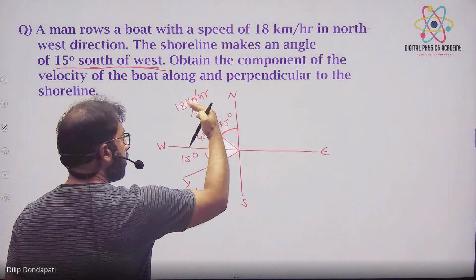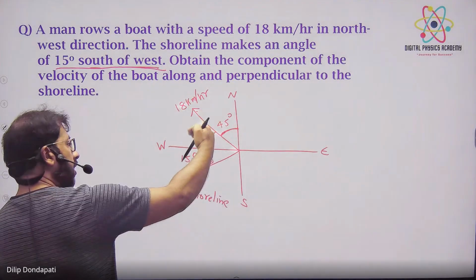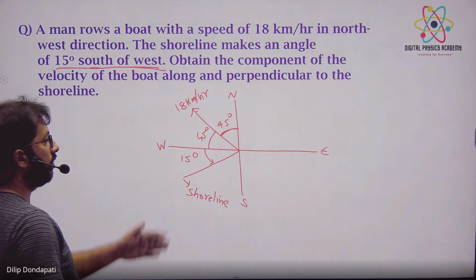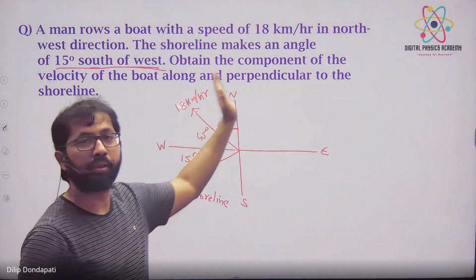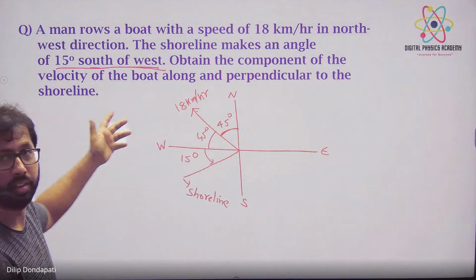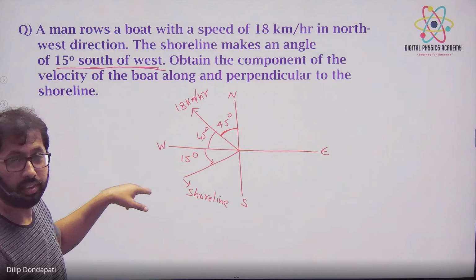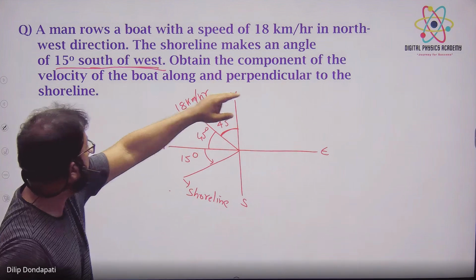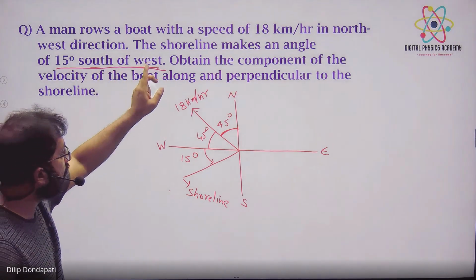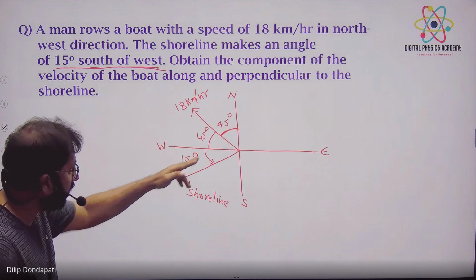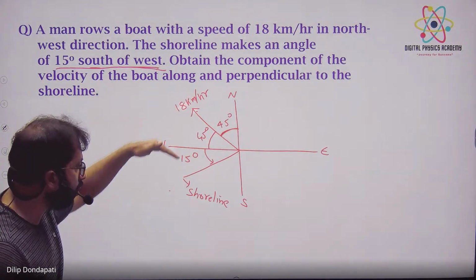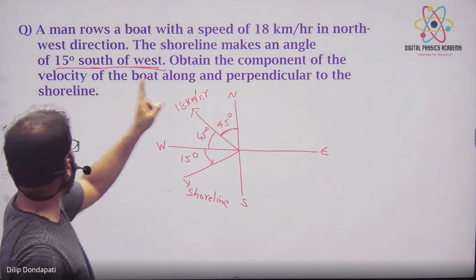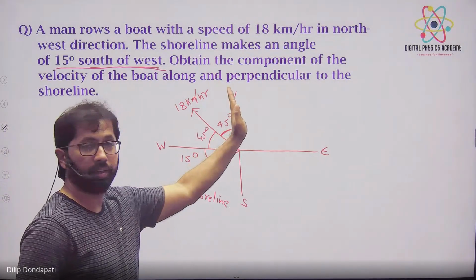Oh, 60. So 18 cos 60, and the perpendicular is 18 sin 60. Understood? Tushar? So 9 and 9 root 3. The question asks to obtain the component of the velocity of the boat along the shoreline and perpendicular to the shoreline.